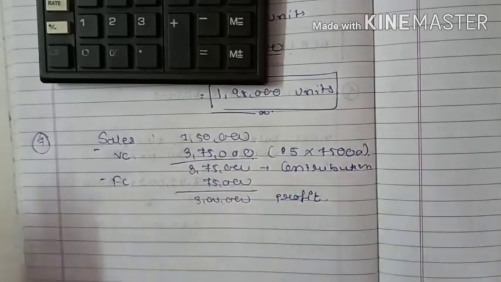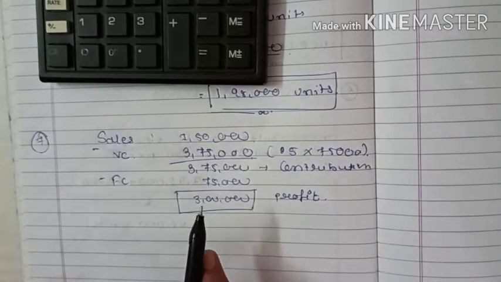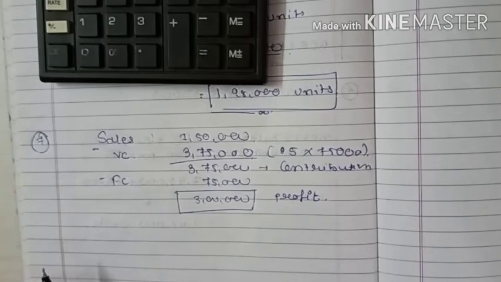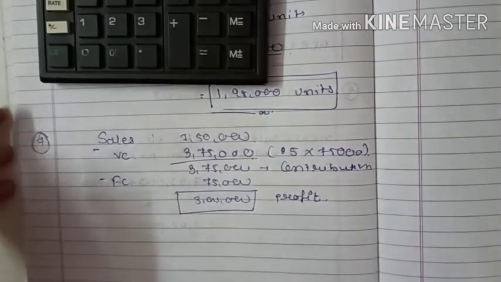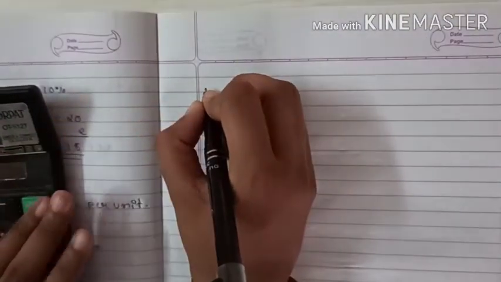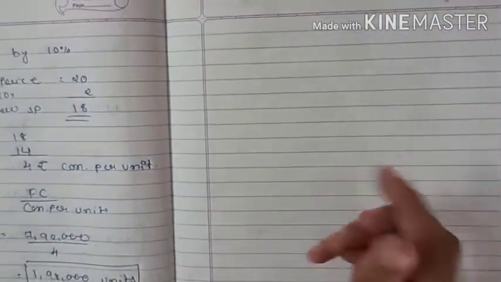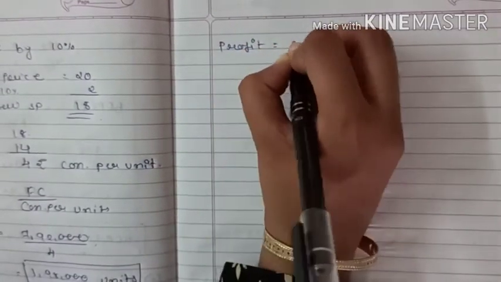Thus, after reducing the selling price by 20% also, you have to maintain the profit of rupees 3 lakh. Right? What are the sales required? So let's start with the calculation. The profit should be maintained at 3 lakh.